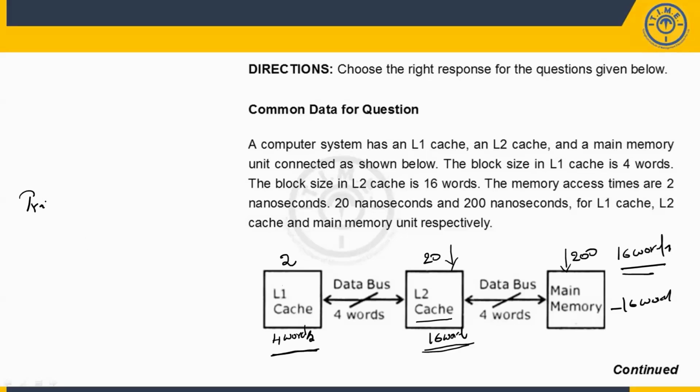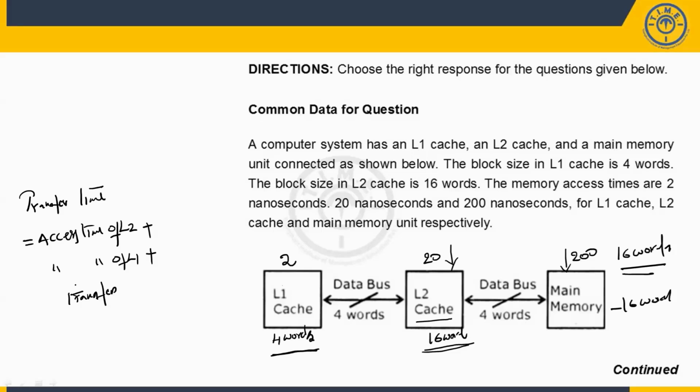Transfer time is equal to the access time of L2, for reading. We need to get the data out. Plus the access time of L1, for putting the data in. Plus transfer rate.